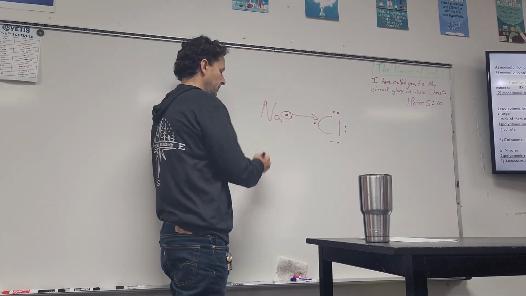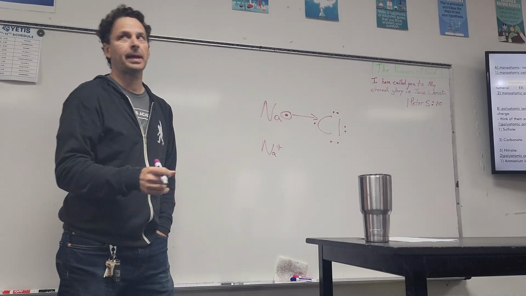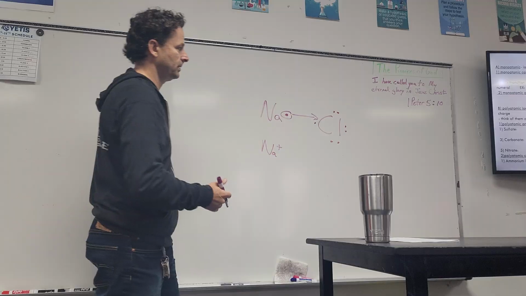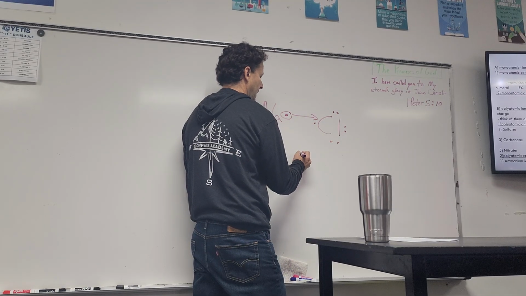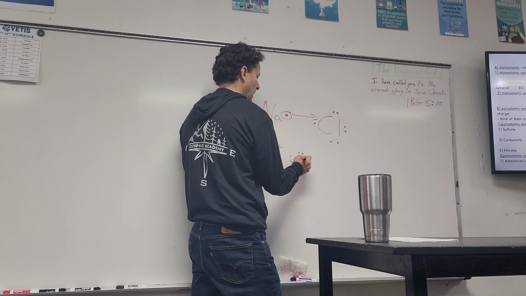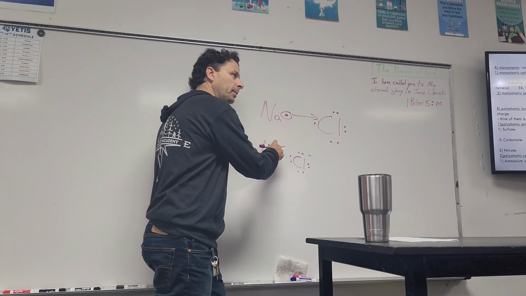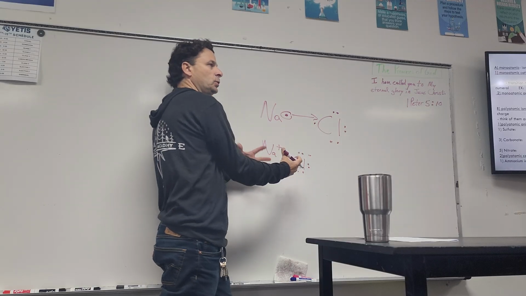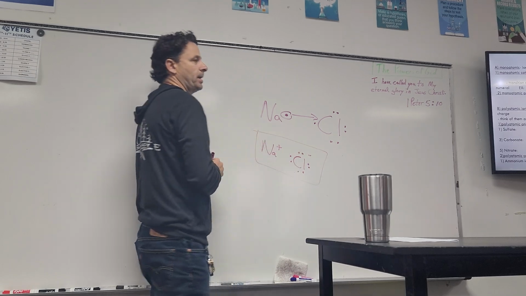It has 8. It is a positive ion with no dots around it. That has 8 valence electrons. And now all of a sudden, chlorine is very easily seen as having 8 because it has gained that extra electron and has become negatively charged. And that's 1 minus and 1 plus. That cancels out. This is neutral, and they stick together because opposites attract.